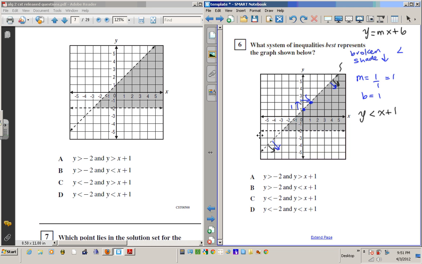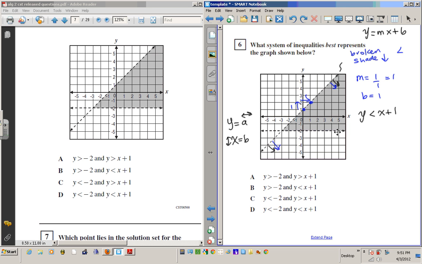Now this other line is a horizontal line. It has 0 slope. Remember, 0 slope is y equals some number, and the undefined slope is x equals some number. X is up and down, the vertical line, and y by itself is side to side. So anytime you see a horizontal line, it's just a y, because the slope is 0 and that's just a y-intercept.